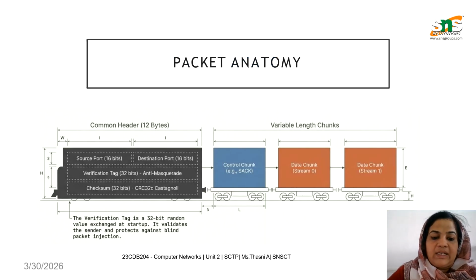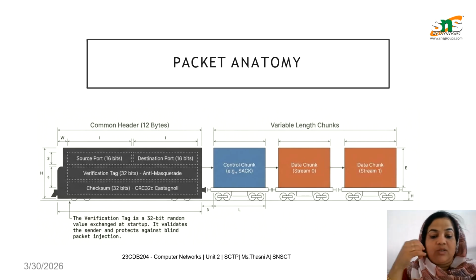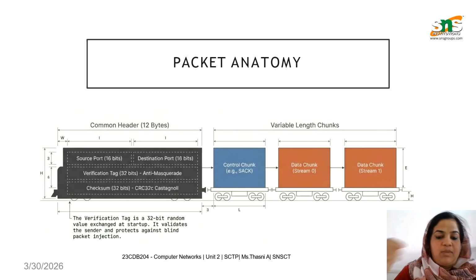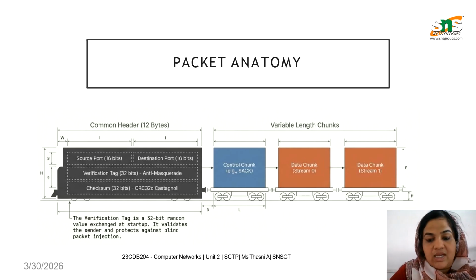So next is the packet anatomy. We have something called the common header and variable length chunks. The common header consists of 12 bytes, segregated into source port and destination port, which are 16 bits each. Its verification tag is 32 bits, which is anti-masquerade, and its checksum is 32 bits, which is CRC32C.